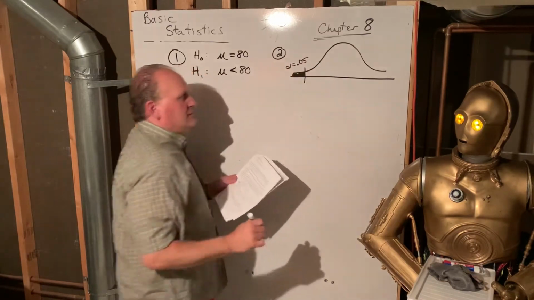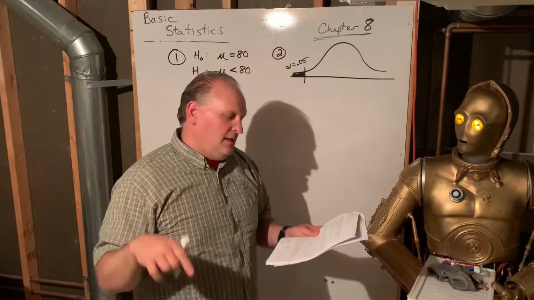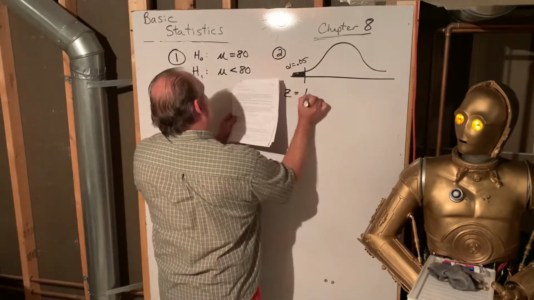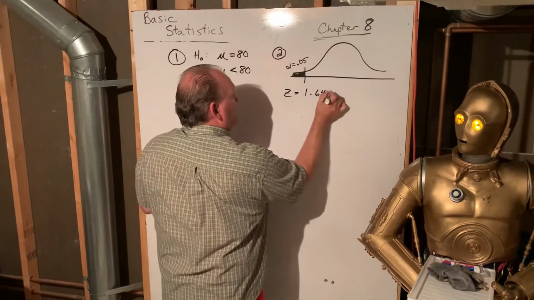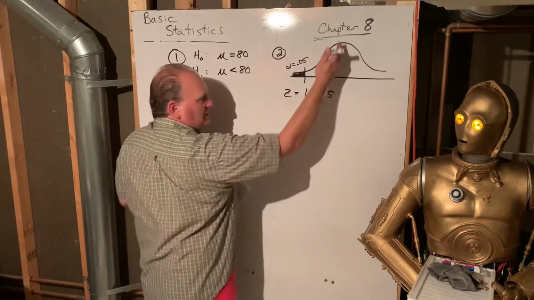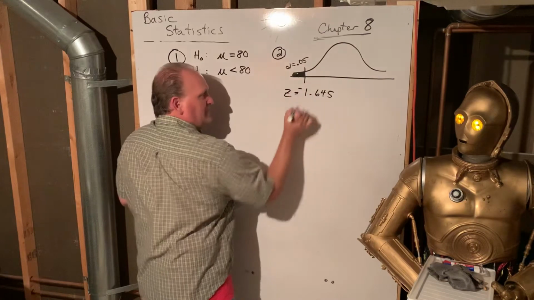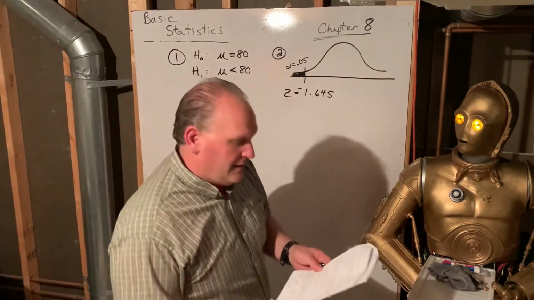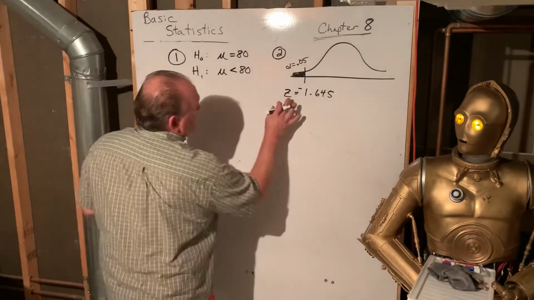That was given. So we look up 5%, one tail, follow it all the way down to the bottom. It says Z is equal to 1.645. Since it's on the low end, below 0 here, we put a negative on it. Negative 1.645.